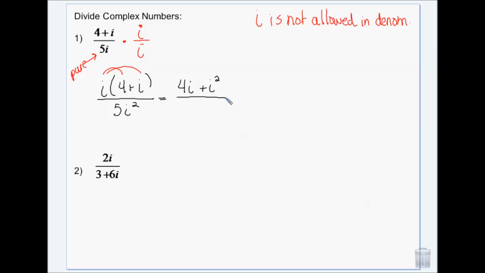Now I'm not allowed to have I squared, and I squared is negative 1, so that's going to be 5 times negative 1. So that's going to be 4I minus 1 over negative 5.